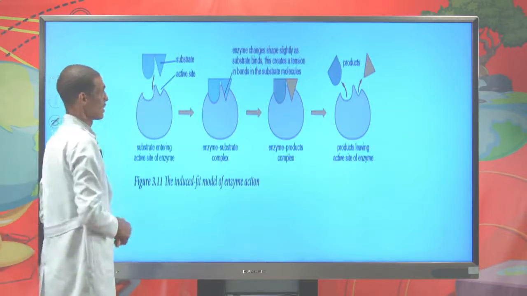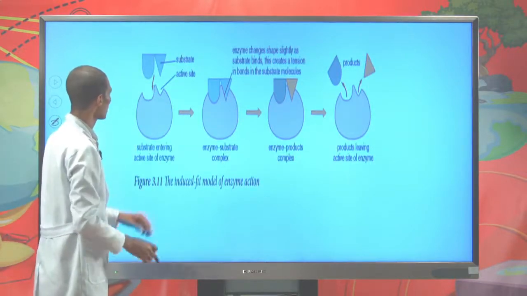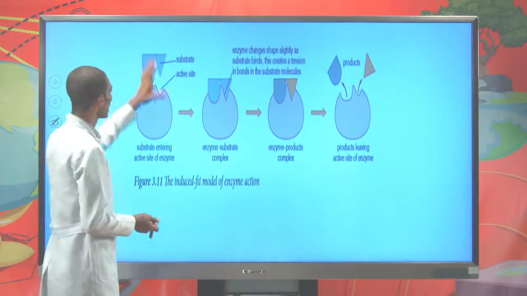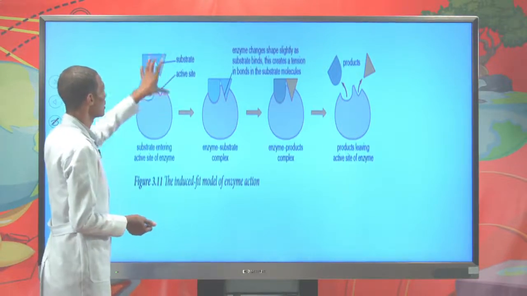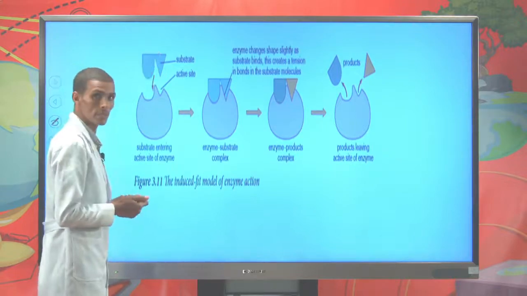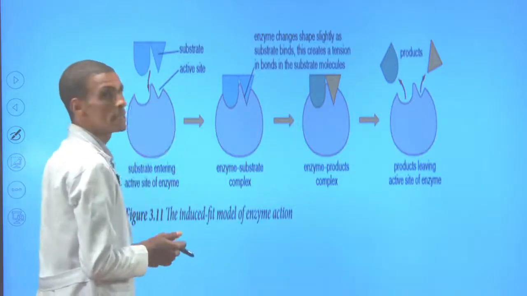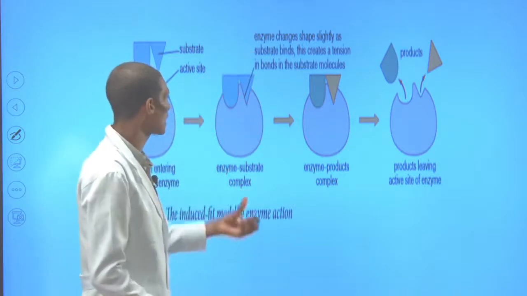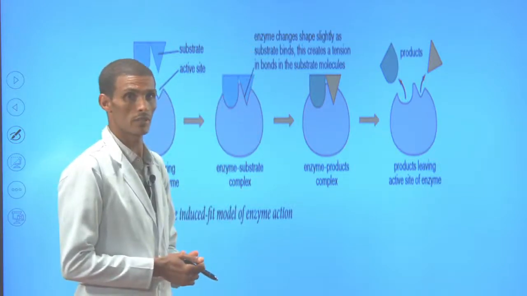Let's look at this diagram. Here, there is the substrate, there is the enzyme. The only thing that reduces activation energy is not their complementary binding. They are not complementary. The main thing is the binding of the enzyme and substrate brings the active site under tension.